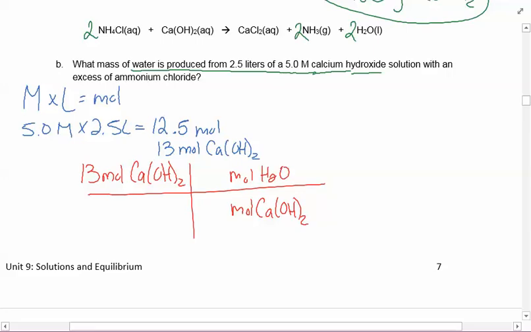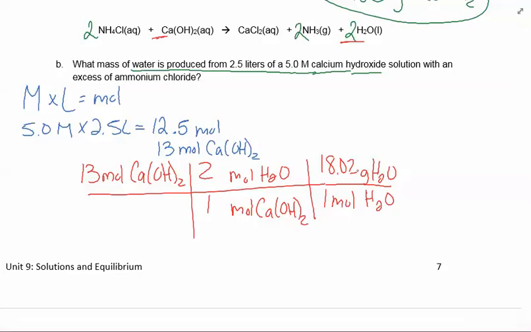So I have 2 moles of H2O for every 1 mole of calcium hydroxide. And the last step is going from moles of water to grams of water. The molar mass is 18.02. You could calculate that again from the periodic table. And then we can calculate how many grams of water are produced.